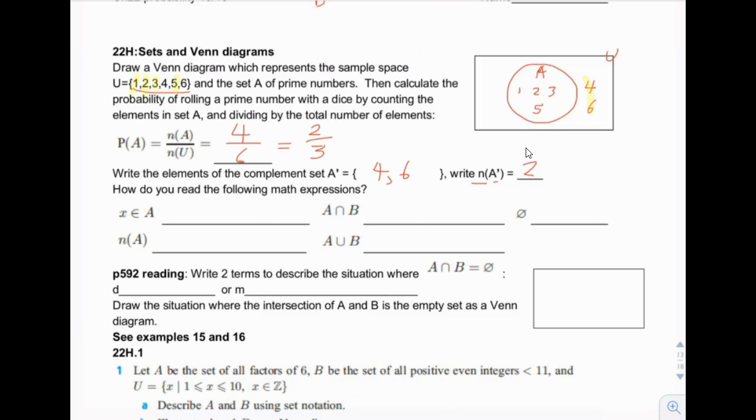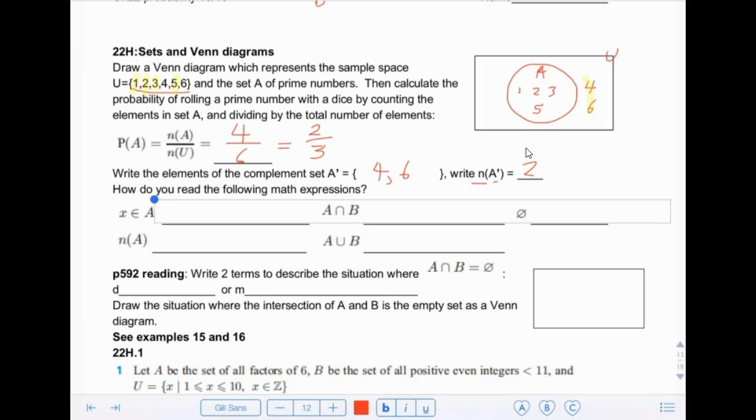How do you read the following math expressions? First one here is x is an element of set A. This would be set A intersect with set B. This would be empty set.